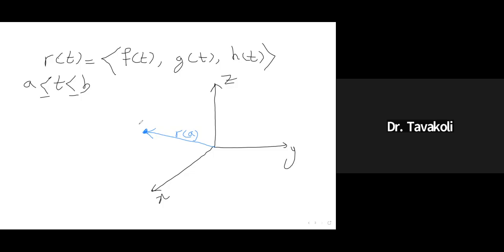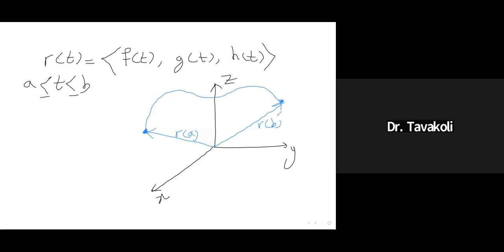As t changes and gets bigger and bigger, goes to b, we will see a curve in the three-dimensional space. Depending on f, g, and h, this curve might have different shapes. So at the end, we get to this vector r(b).